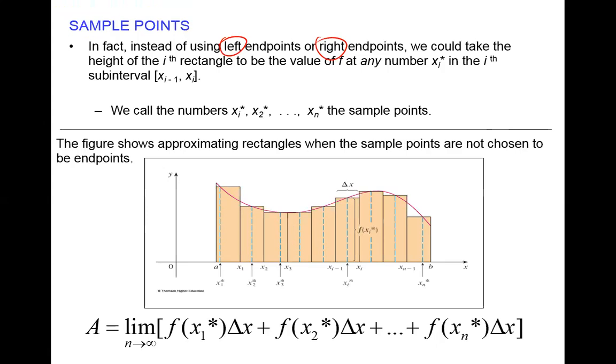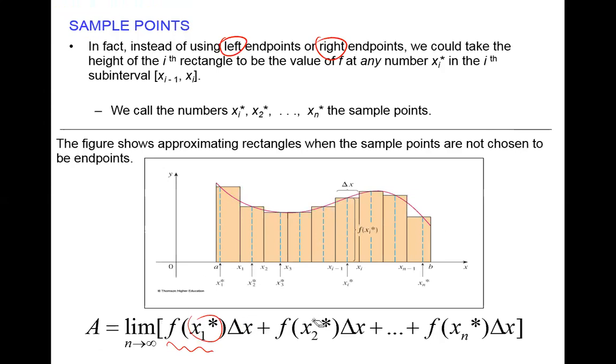Those are less predictable, and it will be time consuming to really find this value of x and then find the corresponding y value. But I have to tell you that we may have any sample points. That means if you see this little star, this asterisk, it's just a different sample point, but the same idea.